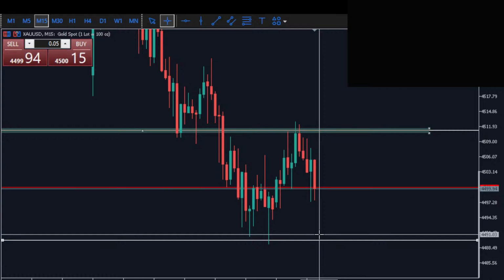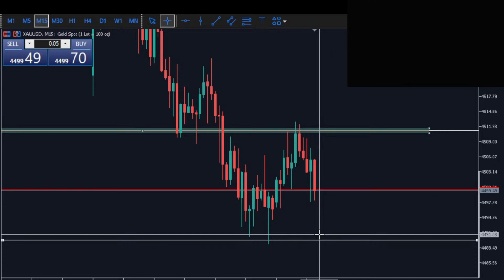The market's just jumping around. It's in consolidation form. We are waiting for London, New York, NYSE to open.